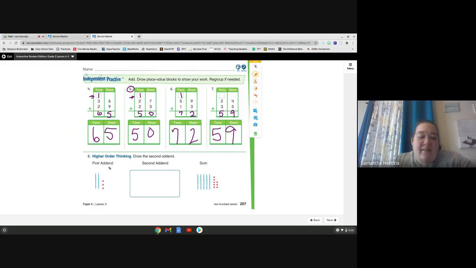Okay, let's look at this. Oh my goodness. It says first add-in, second add-in, and then sum. So we have to find what they added to this to get this. When we do that, the reverse of addition is subtraction. So this is 23.